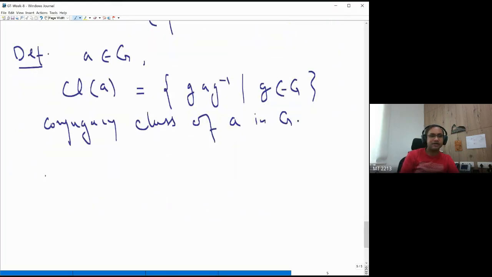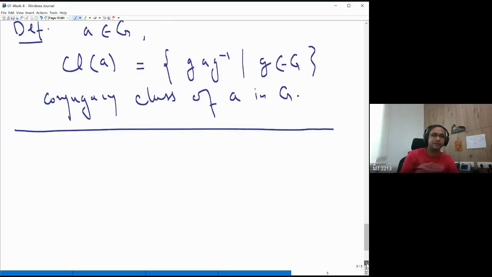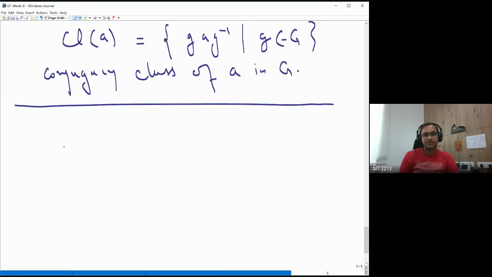Why is this important? This is something beyond our course this time, but let me write down a couple of sentences on why conjugacy classes are going to be very important in future, or in general in maths.